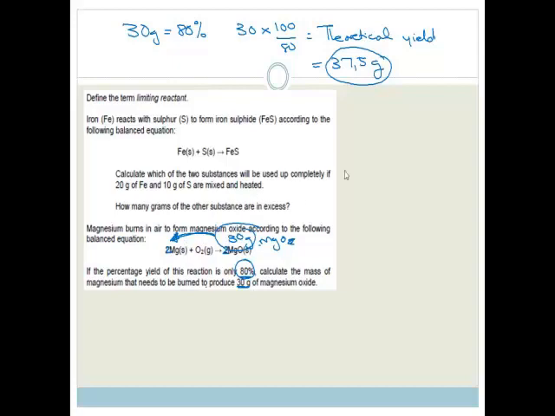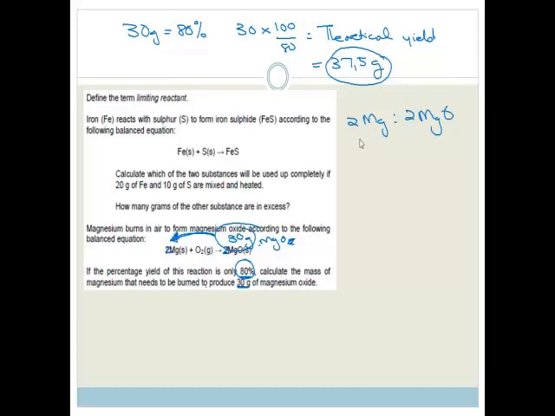Right, so we're going to say, well, it's 2 moles of magnesium goes to 2 moles of magnesium oxide. So what we need to do is convert this 37.5 grams into moles, because this is a mole ratio. It says 2 moles of magnesium theoretically is required to form 2 moles of magnesium oxide.